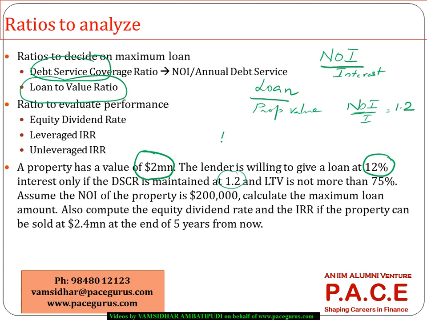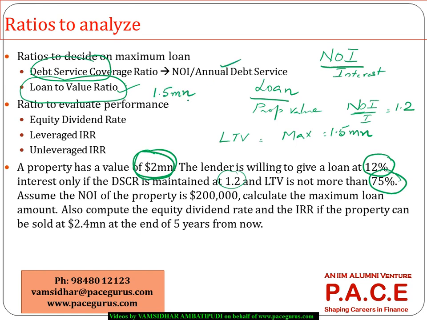Going with the loan to value ratio, the maximum loan can be 1.5 million, because the value of the property is 2 million and the loan to value ratio cannot be more than 75%.